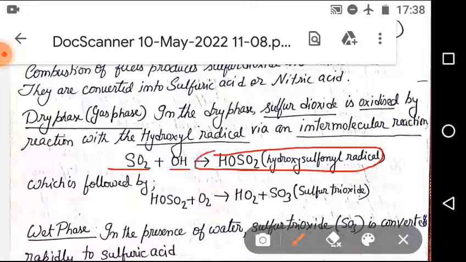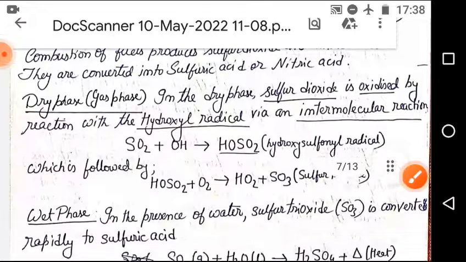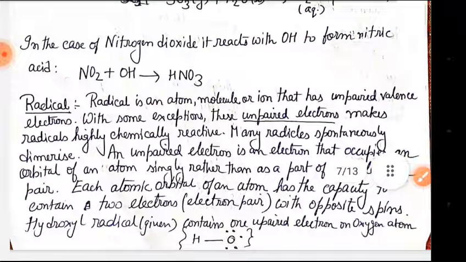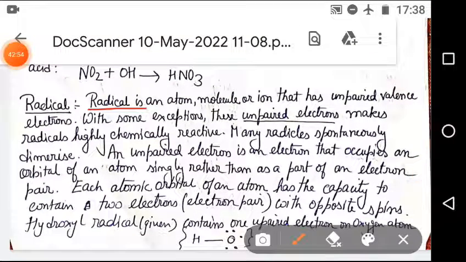Now, for those who are not from a science background, we have to say what a radical actually is. A radical is an atom, molecule, or ion which has unpaired valence electrons. I think you have studied this in chemistry in class 6, 7, 8. Valence electrons are the electrons in the outermost shell.